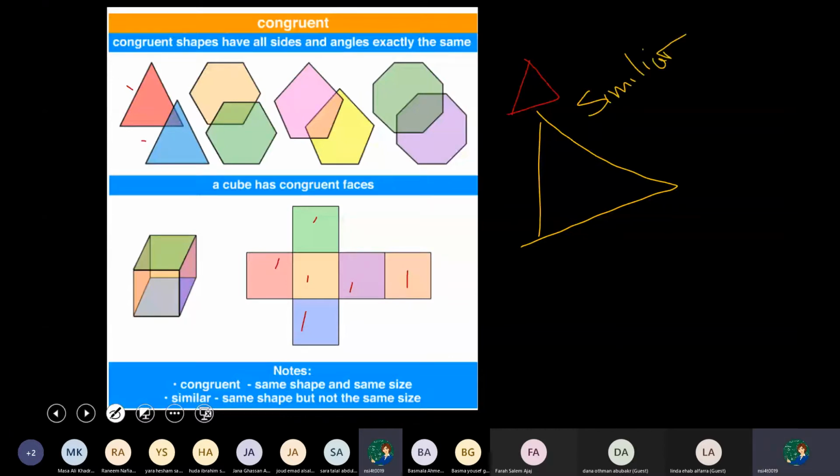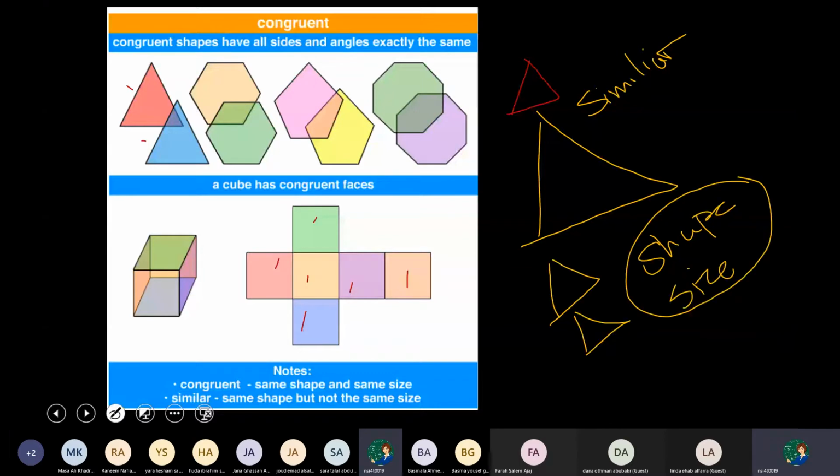But if I'm talking about these two shapes that have the same shape, like triangle and triangle, and the same size, if these two things happen, same size and same shape, I can say these two shapes are congruent.